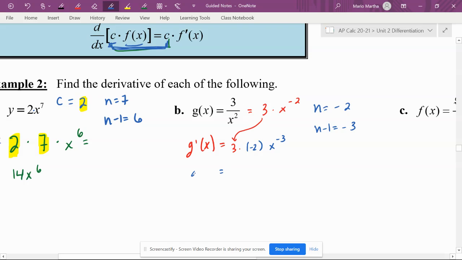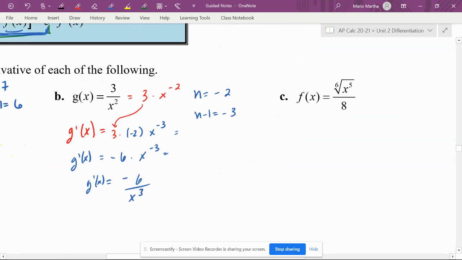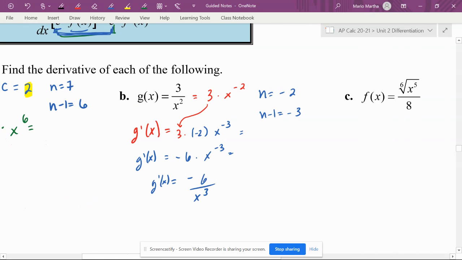Again, simplify. g prime of x is equal to 3 times negative 2 is negative 6 times x to the negative 3. And then again, rewrite it with a positive exponent. So negative 6 over x to the 3rd power. And hey, that's our g prime.